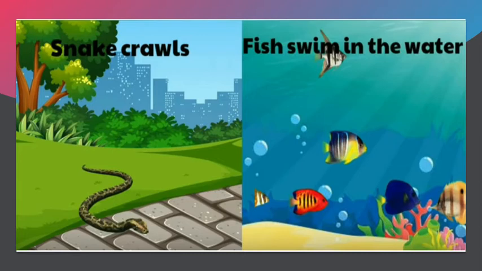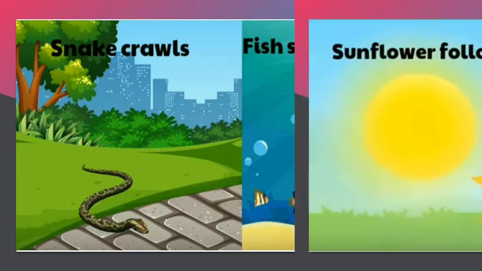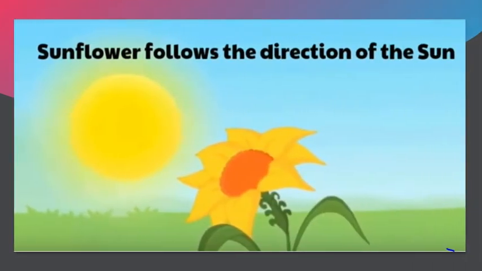Some animals like snakes crawl and fishes swim in the water. Plants cannot move from their place, but a sunflower follows the direction of the sun. In that way they move, and they also move with the wind or air.